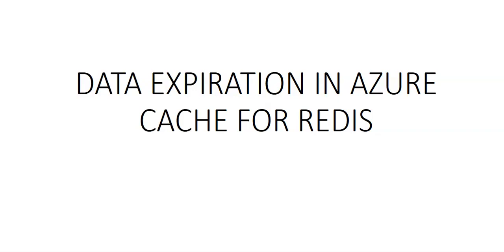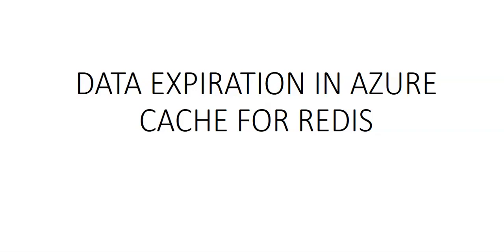So, what actually is data expiration? Data expiration is a feature that can automatically delete a key and value in the cache after a set amount of time. Why would you use it? It is commonly used in situations where the data you are storing is short-lived. This is important because Azure Cache for Redis is an in-memory database and you don't have as much memory available as you would if you were storing on disk.